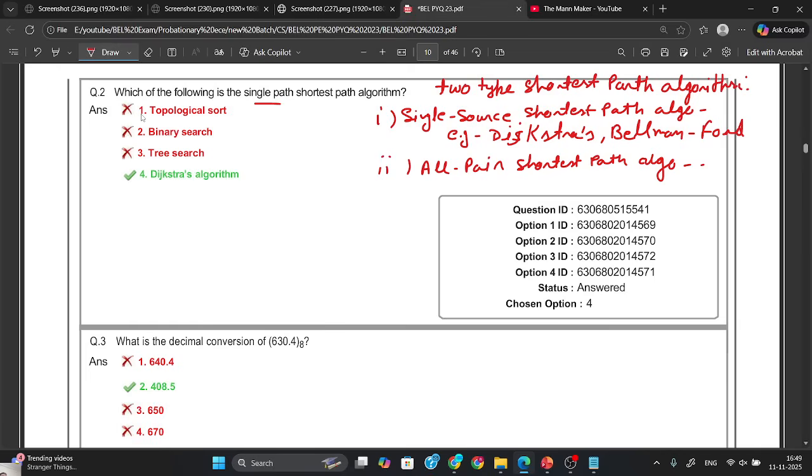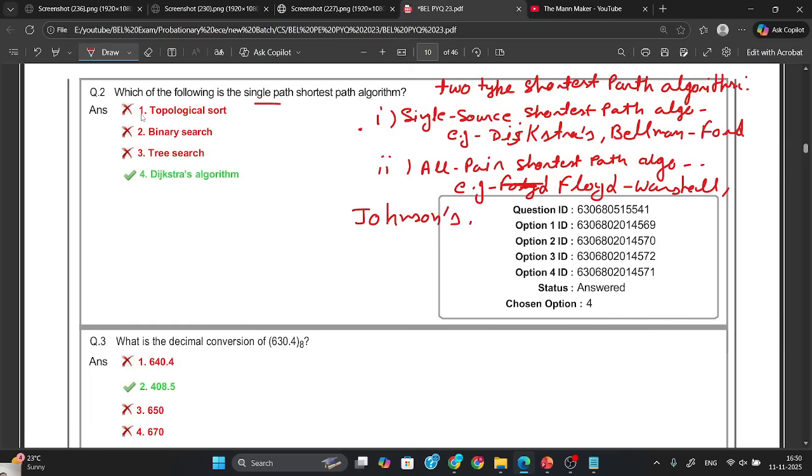If we talk about all pair shortest path, in that you will get the Floyd-Warshall algorithm, and another one we have is Johnson's algorithm.